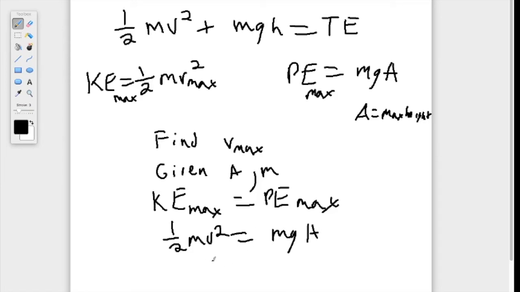Multiply both sides by 2, you get mv max squared equals 2mgA.